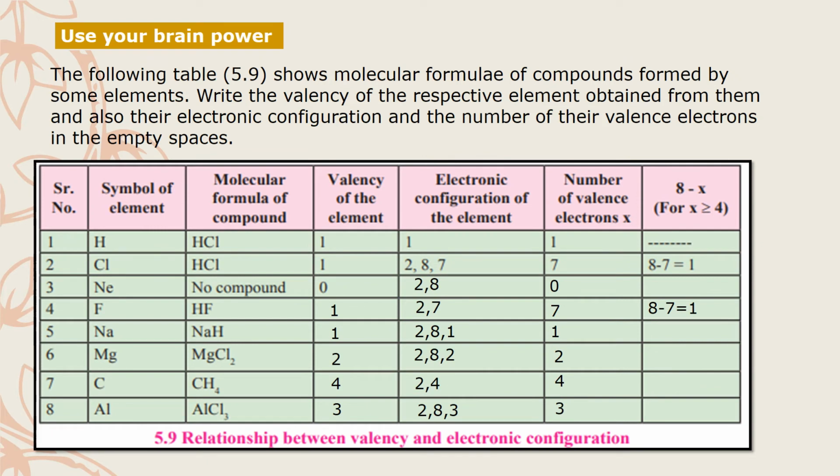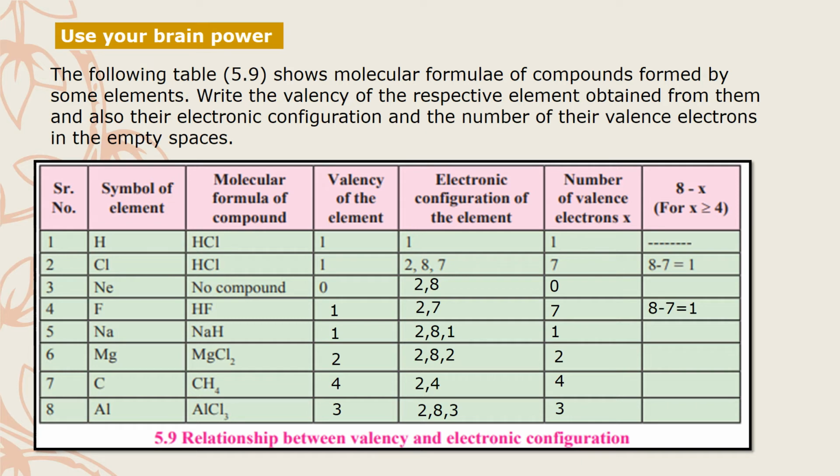Table 5.9 shows the molecular formulas of compounds formed by some elements. Write the valency of the respective element obtained from them, and also their electronic configuration and the number of valence electrons in the empty space.